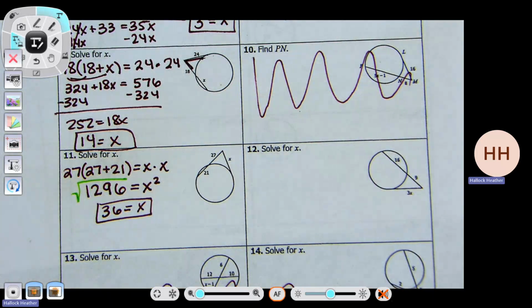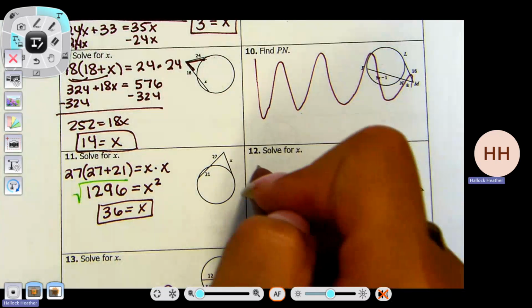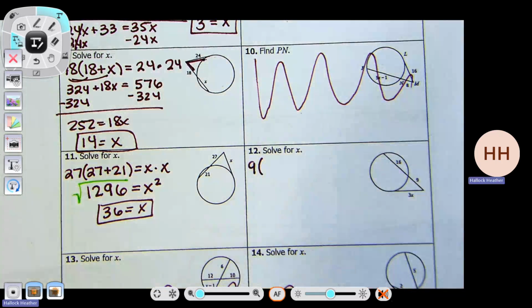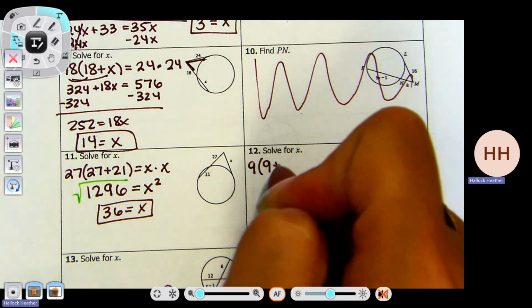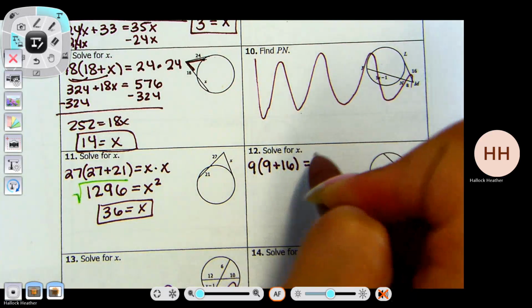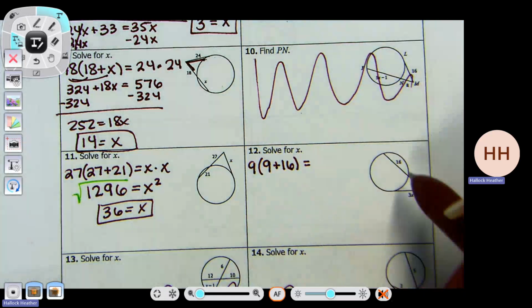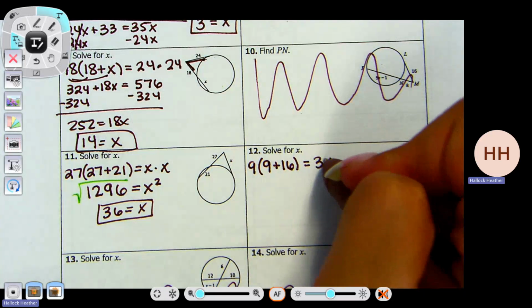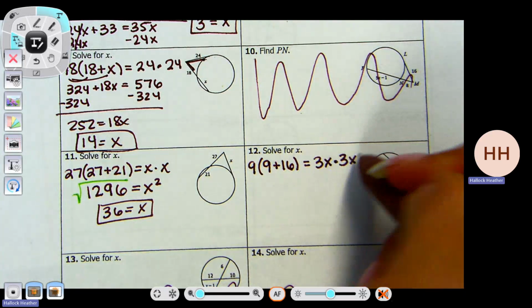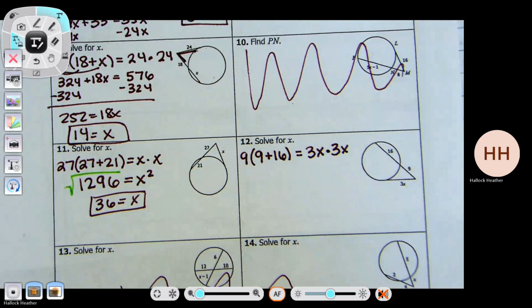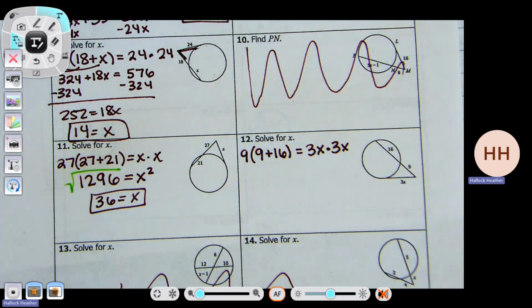Okay, last one we're doing is the same thing. If I pick something on the outside, let's use 9. In parentheses, what am I adding together? 9 plus 16 equals, now this is a little weird, but it's okay. We're doing 3x times 3x. So it's not just x squared, it's going to be 9x squared.